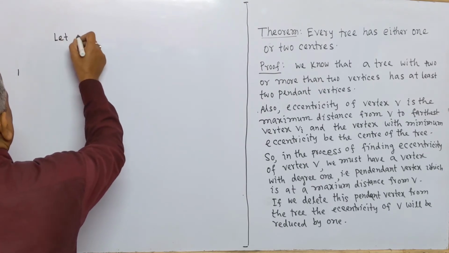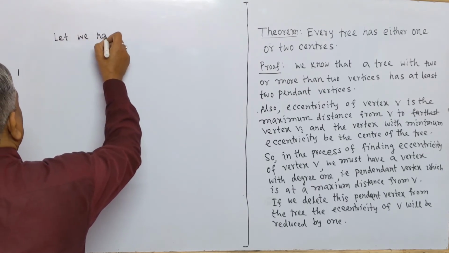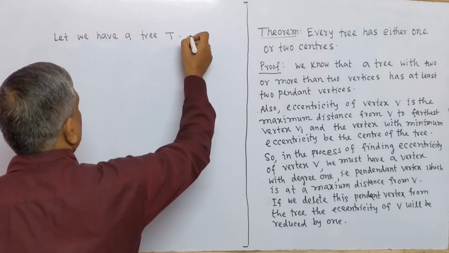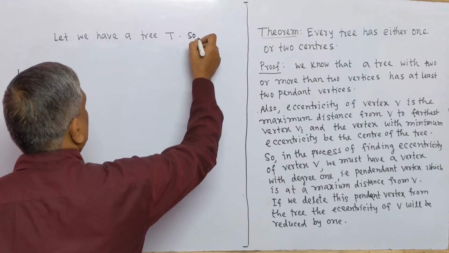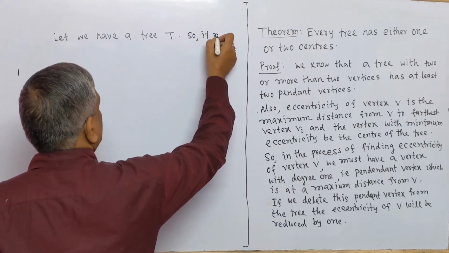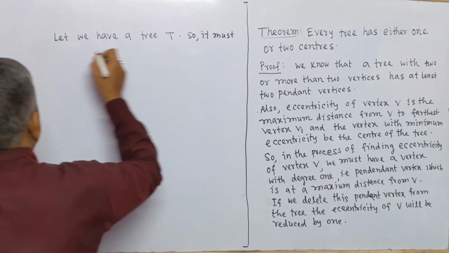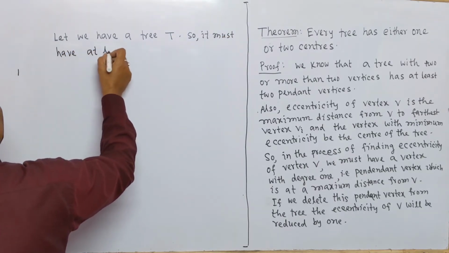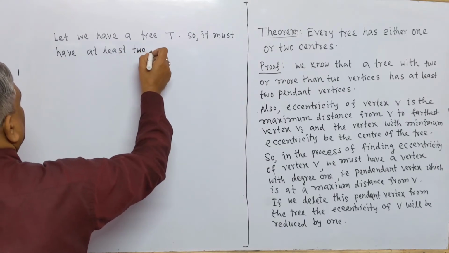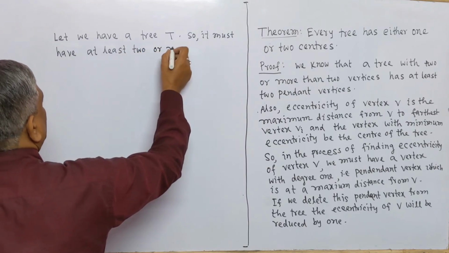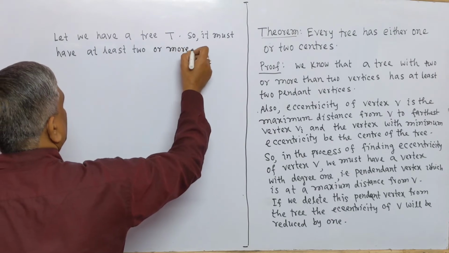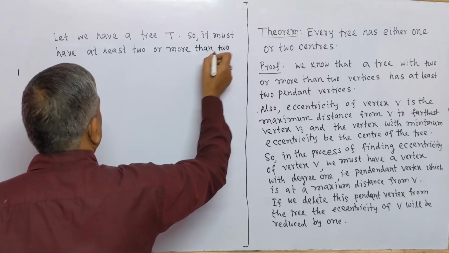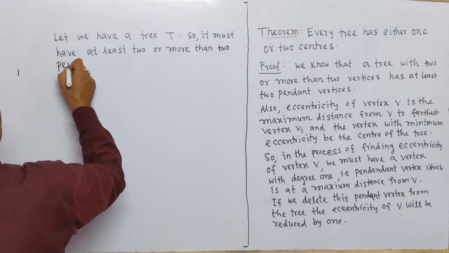Let we have a tree T. So it must have at least 2 or more than 2 pendant vertices.